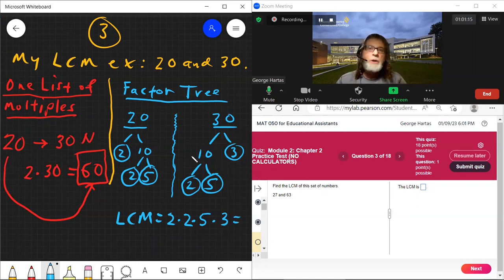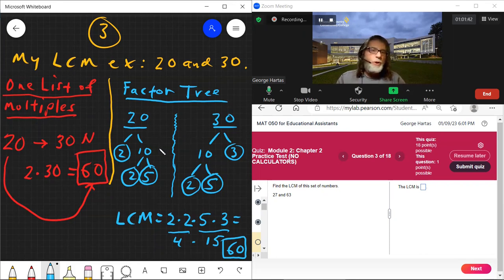After you look at and compare all the prime numbers, you multiply everything out. So 2 times 2 is 4. 3 times 5 is 15. And 4 times 15 is, in fact, 60. And we knew that already because we already found it right here.